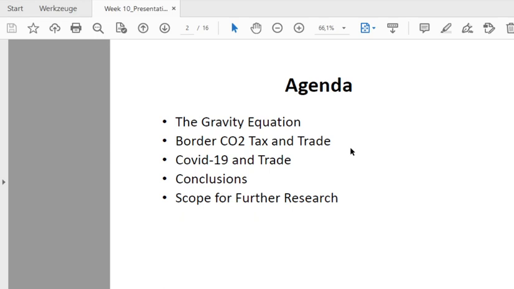Coming down to trade, we can see that countries that are doing a lot to reduce their emissions don't want to import goods that are being produced with a lot of emissions. For this reason, they want to avoid leakages, and they are introducing border taxes on goods intensive in CO2 emissions. This is a topic that we need to discuss.